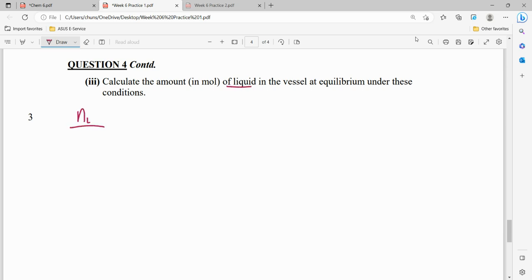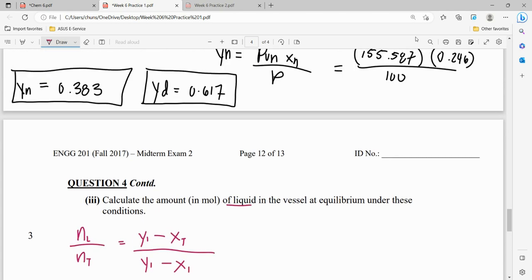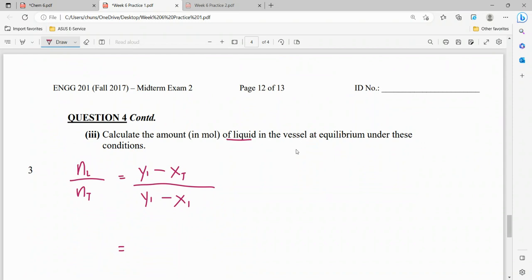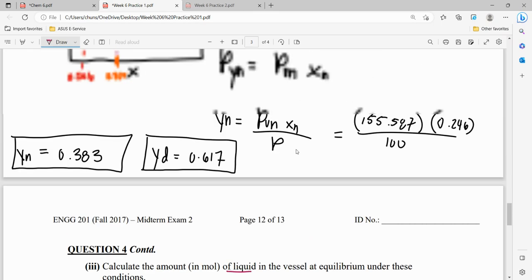So we want our liquid moles over our total is equal to our vapor mole fraction y minus our liquid mole fraction, over our total. We want to use nonane in this case, so we're going to work with 0.383 minus 0.3125, which was determined in orange up above.